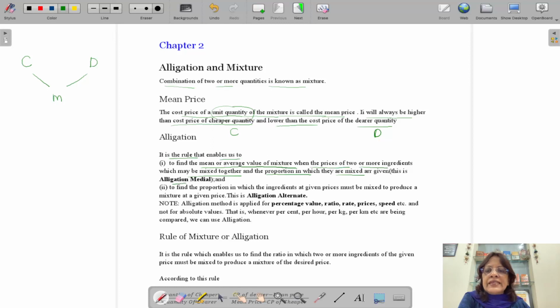This is called alligation medial. Second, it is used to find the proportion in which the ingredients at given prices must be mixed to produce a mixture at a given price. This is called alligation alternate.